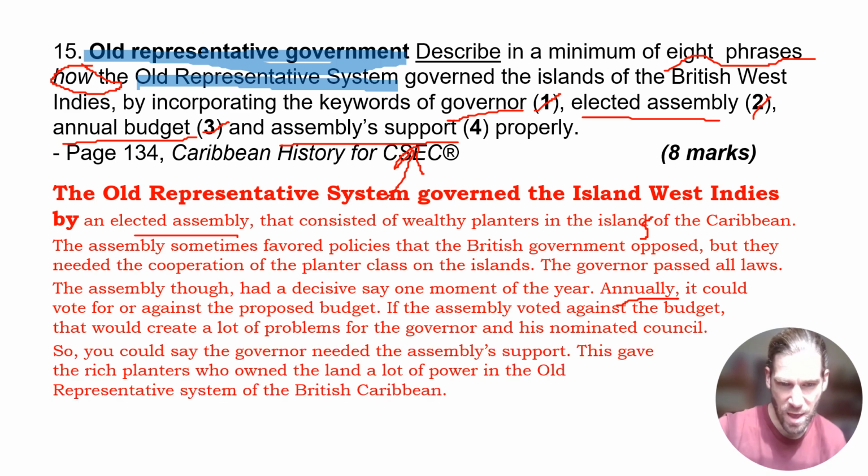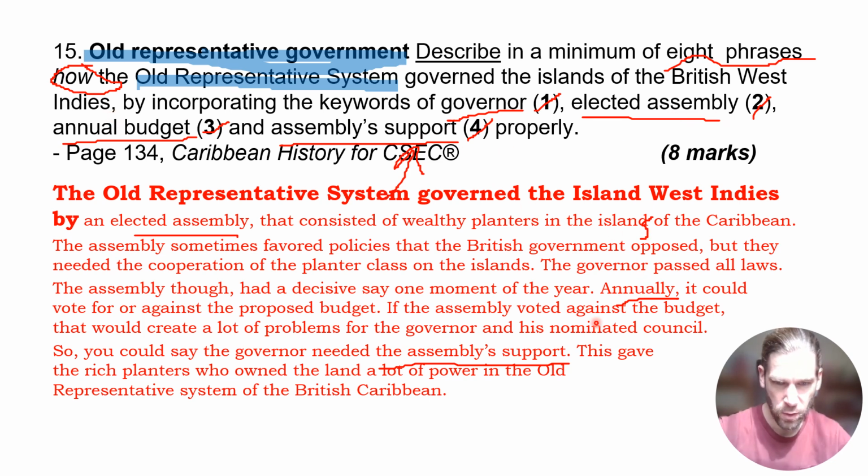Yes, and the last part. You could say as a conclusion, the governor needed the assembly's support. That's 4, the assembly's support. This gave the rich planter class who owned the land a lot of power in the old representative system. You see, all the 4 topics or keywords came back into my answer.